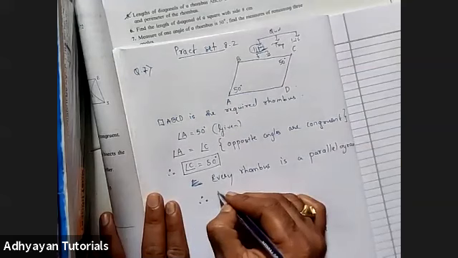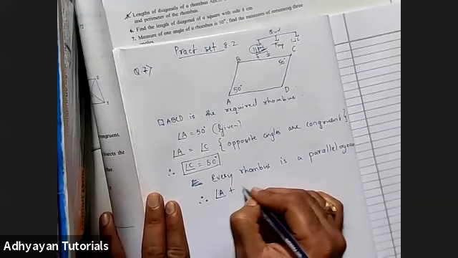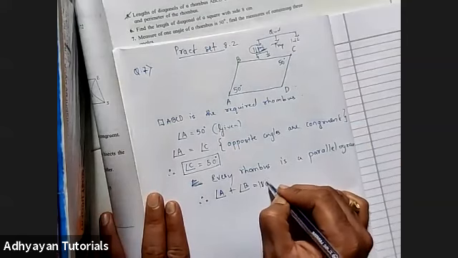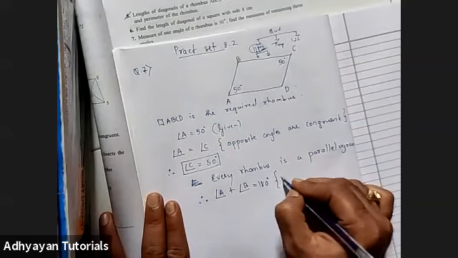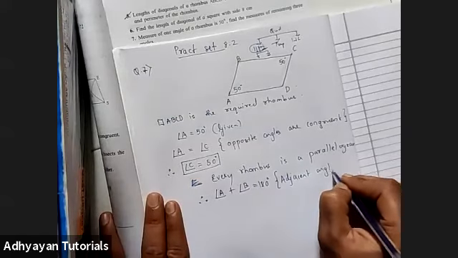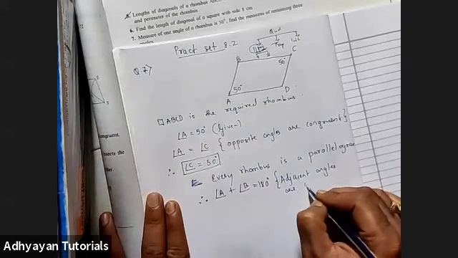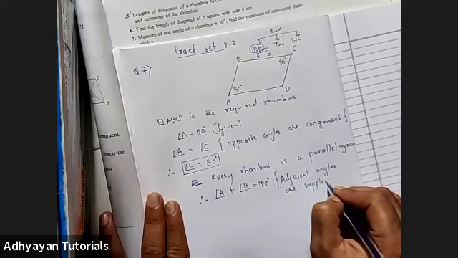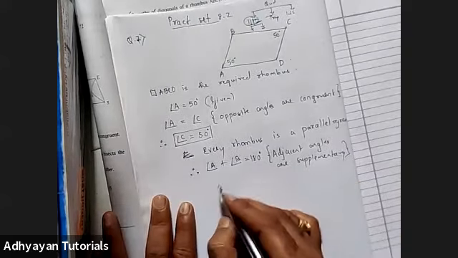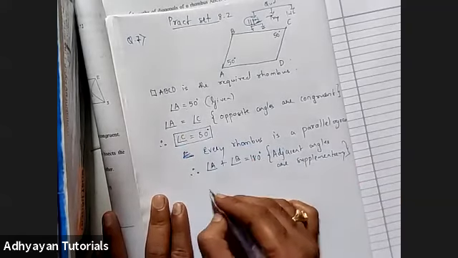Therefore, angle A plus angle B is equal to 180 degrees. The reason being, adjacent angles are supplementary, right?